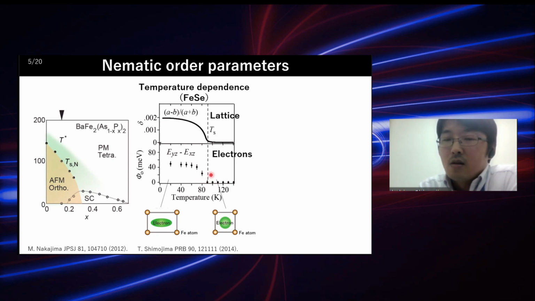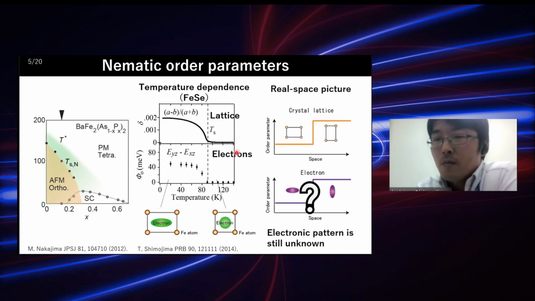These similar behaviors in lattice and electrons indicate strong coupling between them. However, we don't know about the real space picture. The order parameter may show the coupling between the crystal lattice and electrons, but we don't know about the electronic pattern.